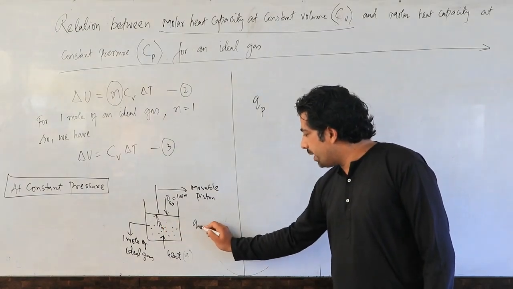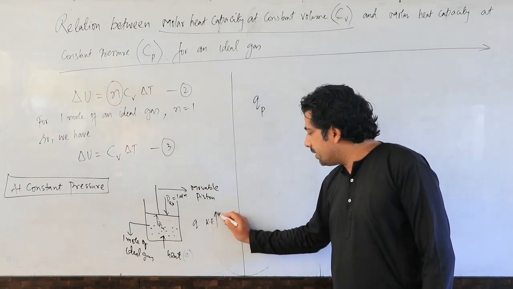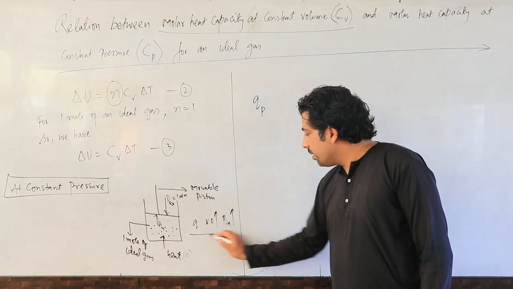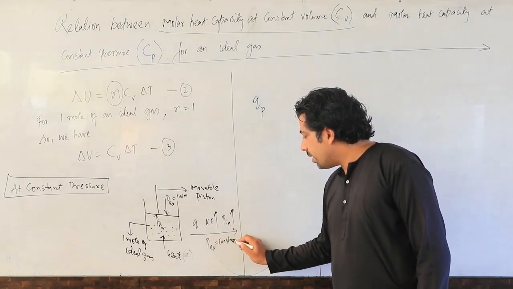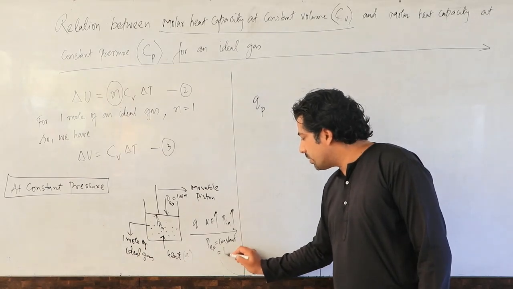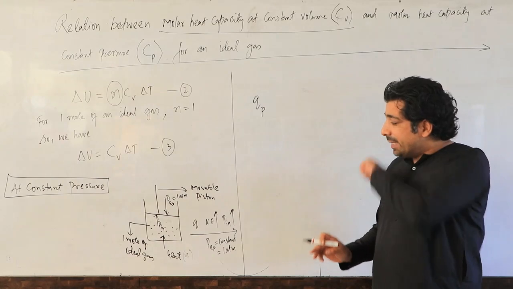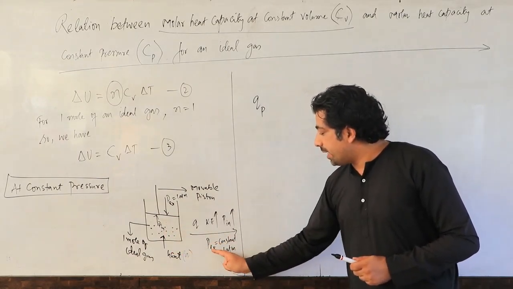Basically, when you are supplying the heat, because of the heat, kinetic energy of the gas will increase and P internal will also increase. But remember, P external is constant. And let us keep that constant value as 1 atmosphere. Correct, my dear friends? Now you are supplying the heat to the system at constant external pressure.